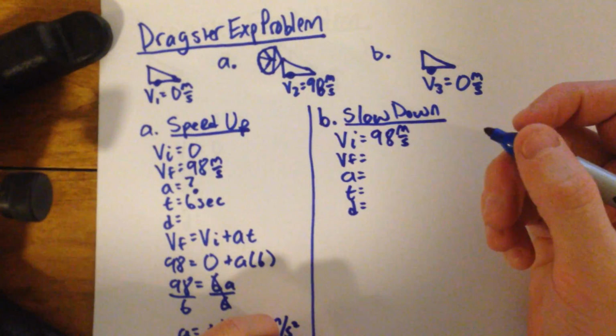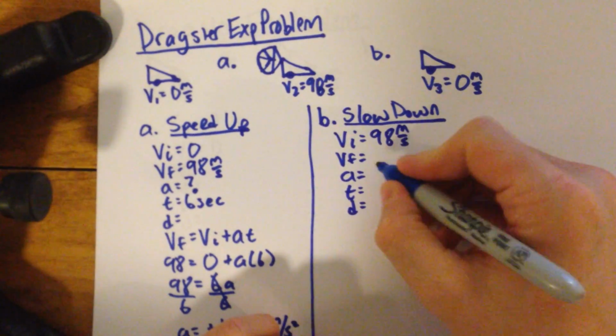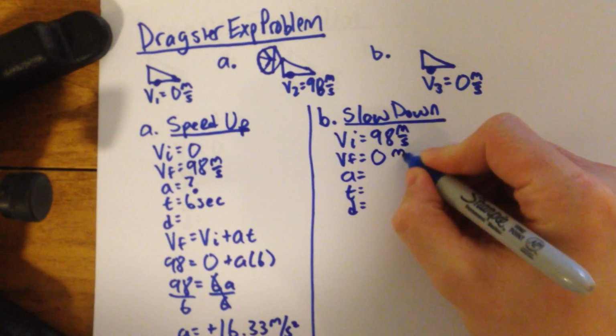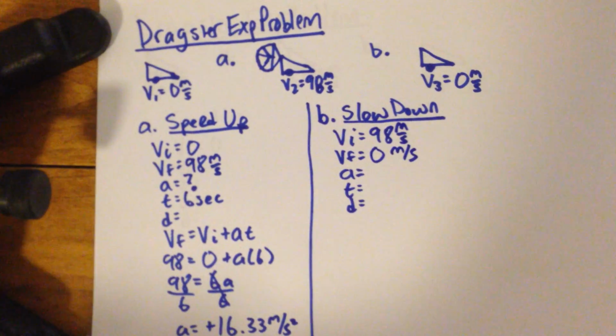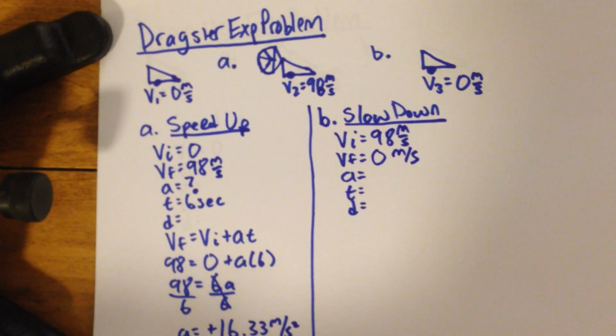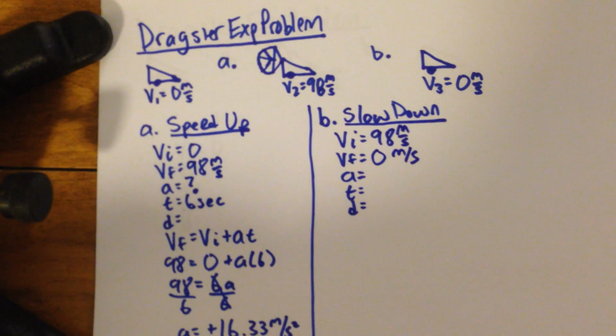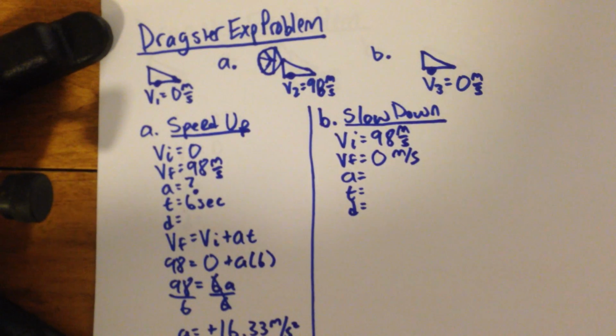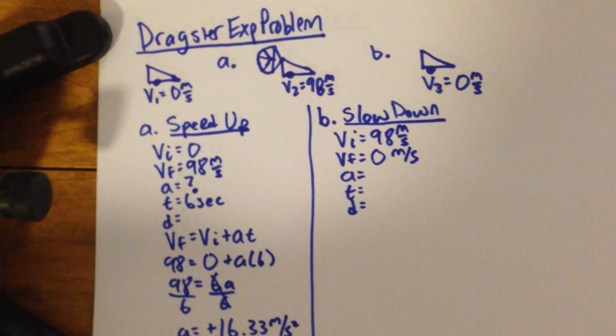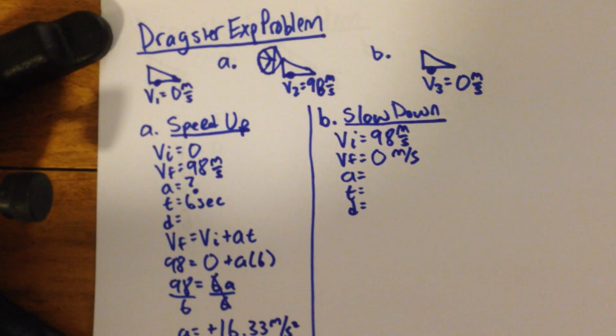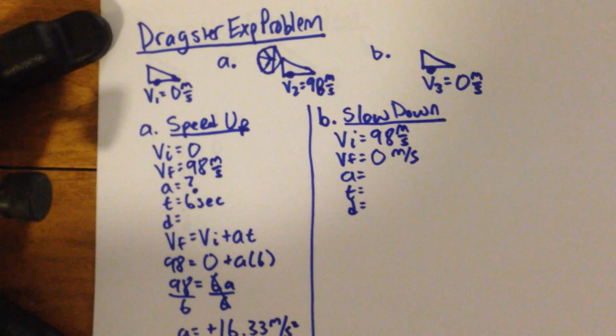It comes to a stop at the end. So it reaches 0 meters per second as its final velocity. Anything that comes to a stop has a 0 meter per second final velocity. Anything that started at rest has a 0 meter per second initial velocity. So beware of the stop and rest when you're doing a problem. They're not going to tell you 0, you have to infer it.